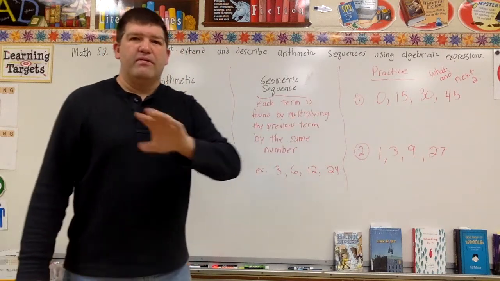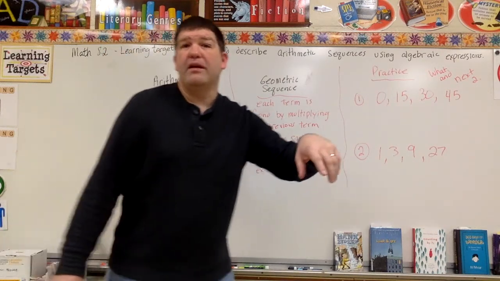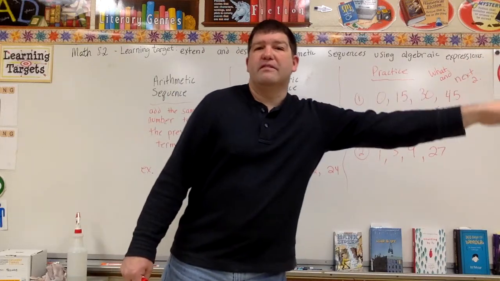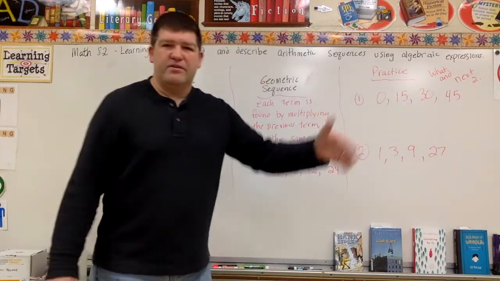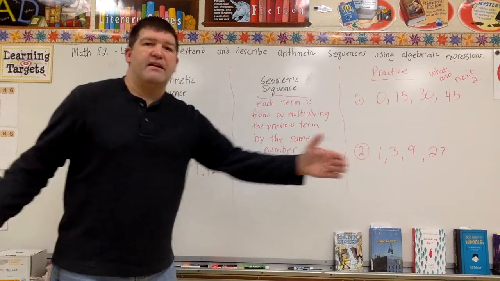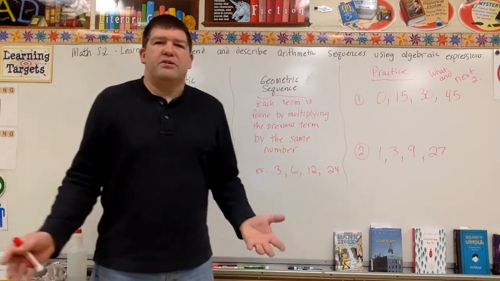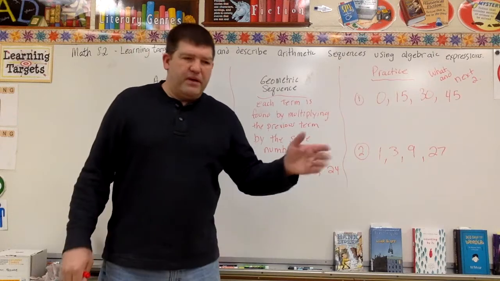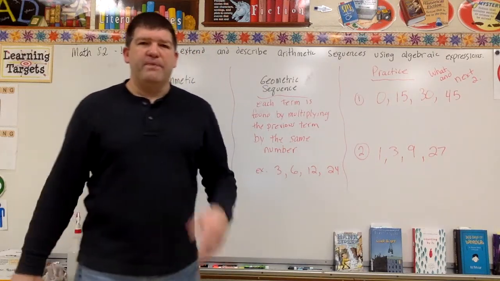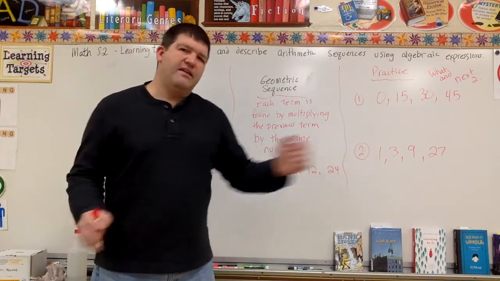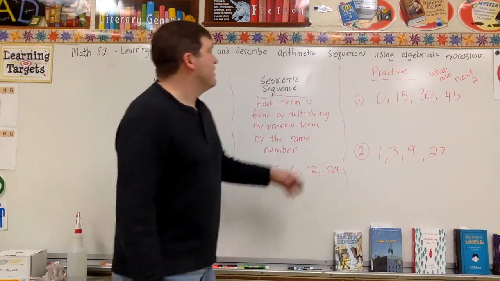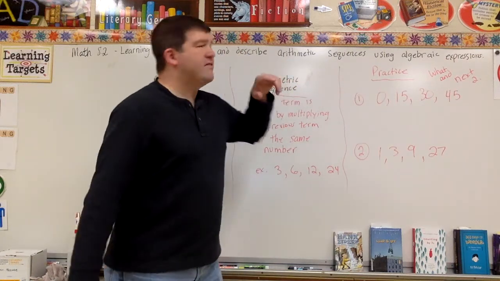Like 1, 2, 3, 4, the next one would be 5, then 6, then 7, and you're adding 1 each time. So I'm extending the sequence, describing what's going on, what's the function. If I go from 1 to 2 to 3, I'm adding 1 each time. So I'm extending it, describing what's happening in these arithmetic sequences.